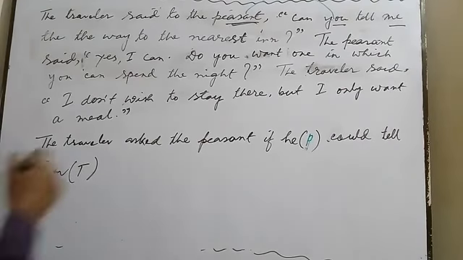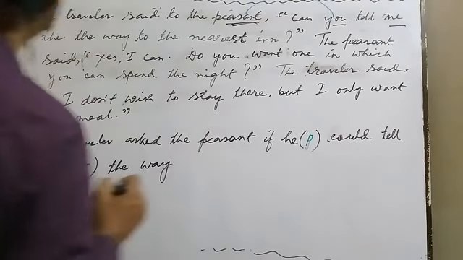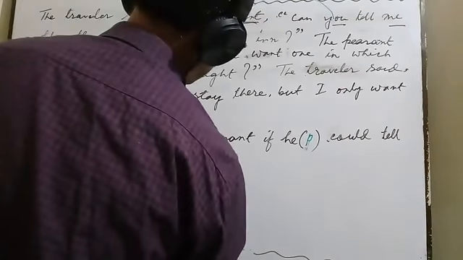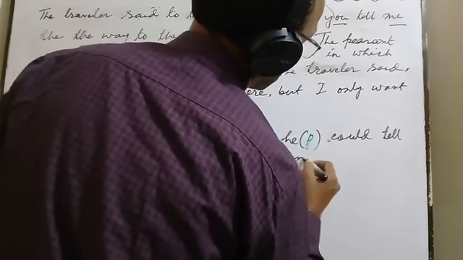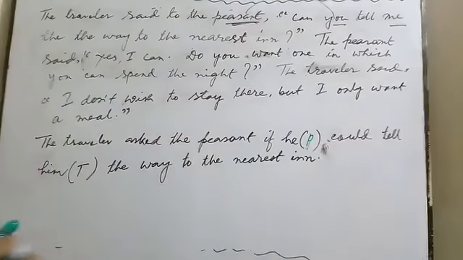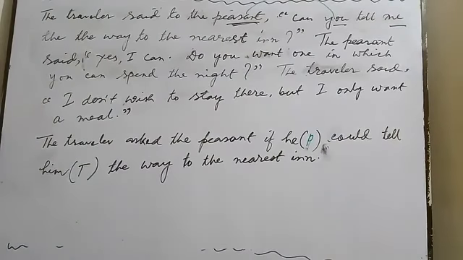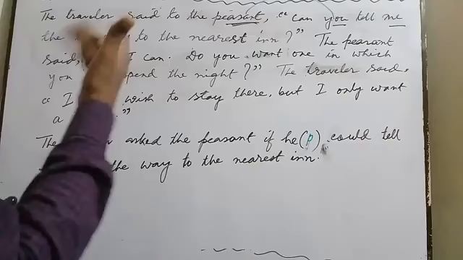Can you tell him the way to the nearest inn? Sorry, there will be no question mark. It will be an assertive sentence. So the traveler asks the peasant if he could tell him, here the traveler, the way to the nearest inn.